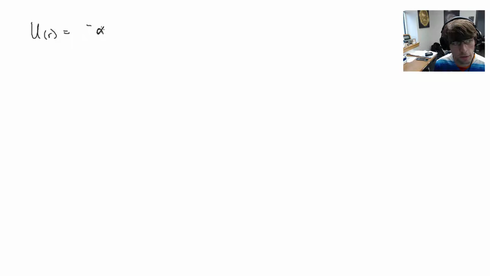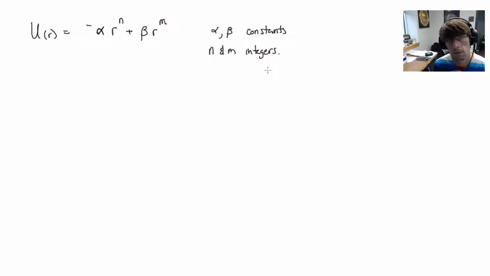I'll call it U equals alpha r to the n plus beta r to the m, where alpha and beta are constants, and we'll say that n and m are integers. I'm just kind of pulling something off the top of my head here.